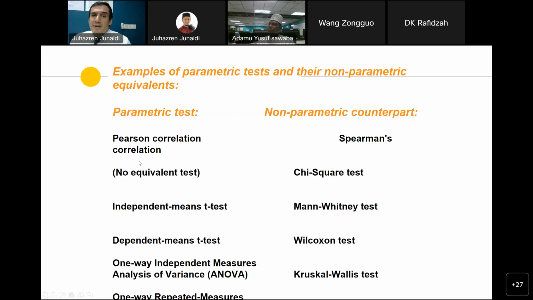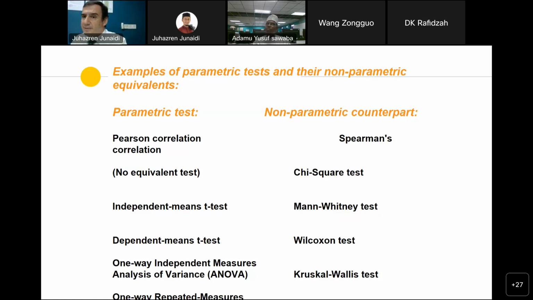In terms of parametric tests, the Pearson correlation, if you are looking at relationships, if something is going up, is another thing also going up? Are they moving together? Or if something goes up, does the other thing go down? Two variables. If you have enough data and if they are normally distributed, you can do the Pearson correlation.